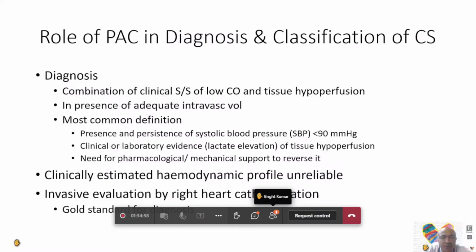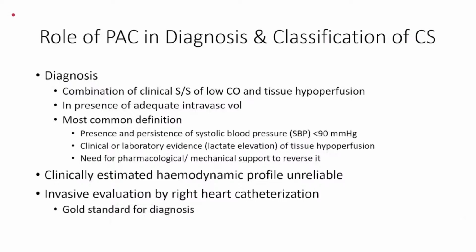Most commonly, it is defined by the presence and persistence of systolic blood pressure below 90 millimeters of mercury, clinical and laboratory evidence of tissue hypoperfusion like lactate elevation, and the need for pharmacological or mechanical support to reverse the condition. We all know there are studies showing that clinically estimated hemodynamic profile is unreliable more than 50% of the time. So invasive evaluation of these patients by right heart catheterization remains the gold standard.